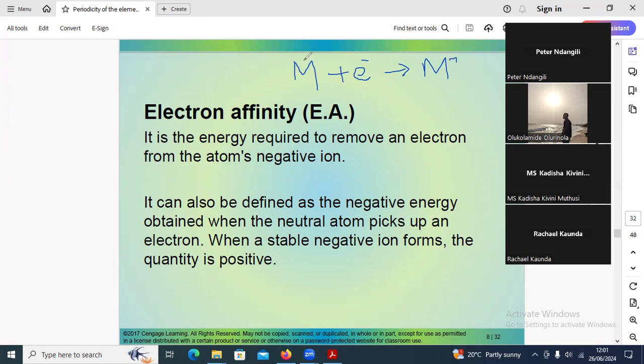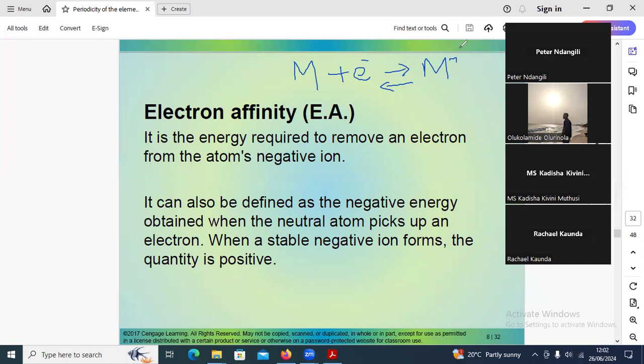This is the energy involved in the gaining of an electron by M. That is electron affinity. Now, if we look at the reverse process, then this negative ion is going to lose an electron.